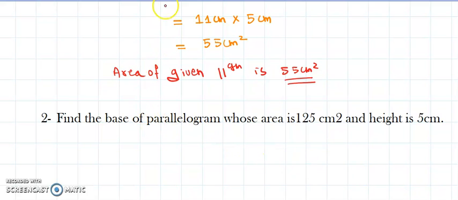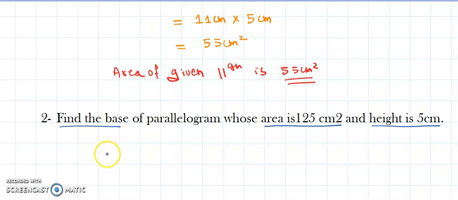In the second question, as you can read here, we have to find the base. The area this time is given as 125 centimeter square, and the height is mentioned as 5 centimeter. So we are going to apply the same formula.